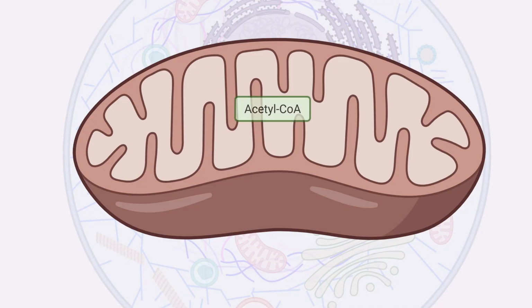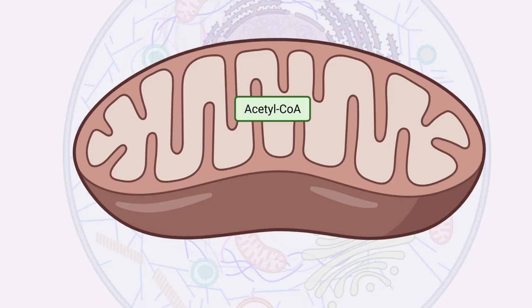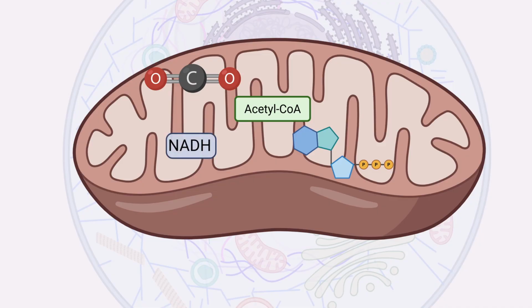At the end of this cycle, we've regenerated acetyl coenzyme A, hence calling it a cycle, and also produced another molecule of ATP, carbon dioxide, NADH, and a similar electron carrier called FADH2 for every acetyl coenzyme A that went into the cycle.